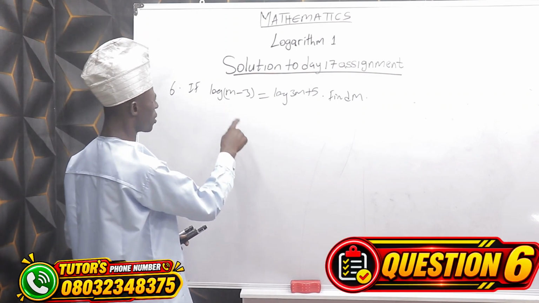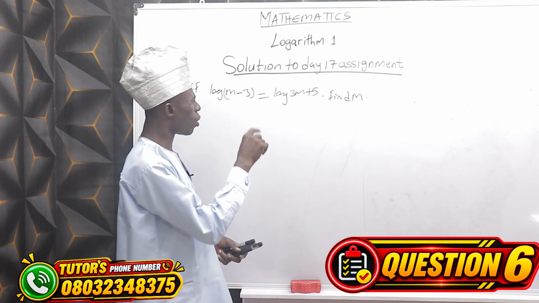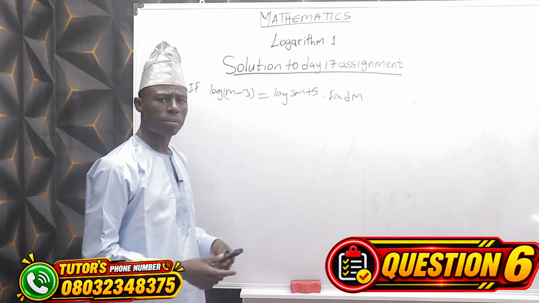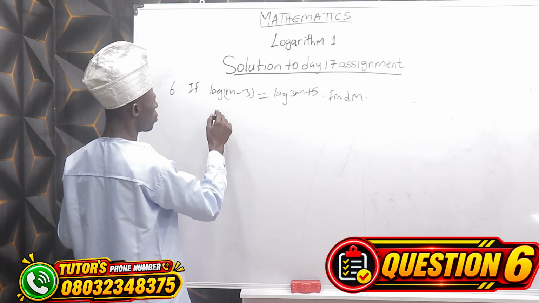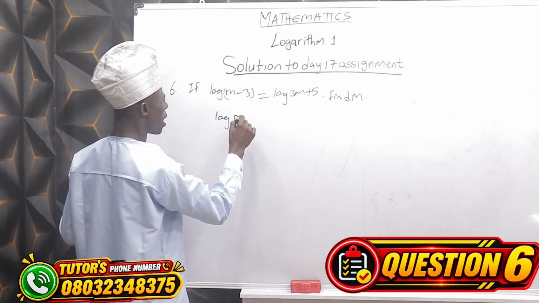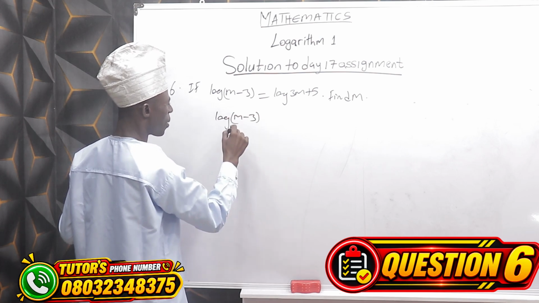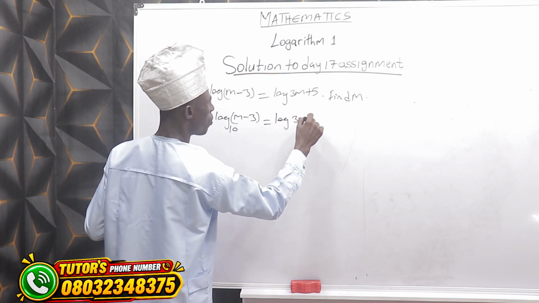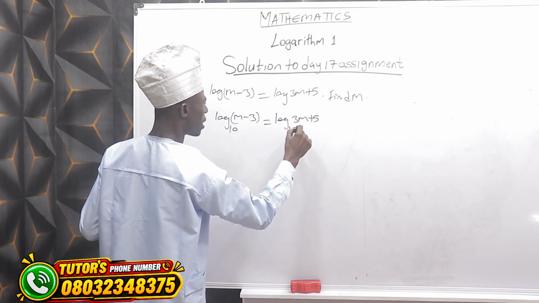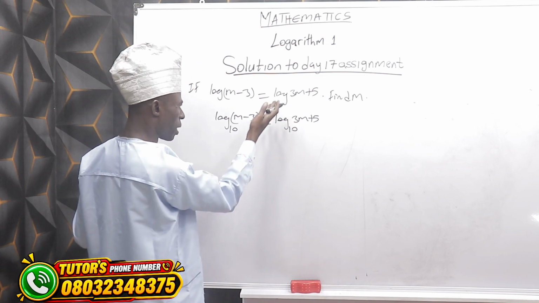Let's solve the last question of the assignment. If log m minus 3 is equal to log 3m plus 5, find m. You can see we are operating in base 10. So, you can rewrite as log m minus 3 base 10 equals log 3m plus 5 base 10. Rewriting it does not make any difference.